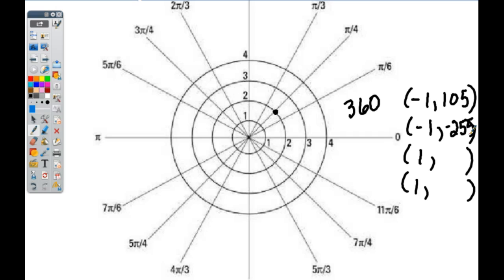So that would be 285. So this one would be 1 and 285, and then a negative 360 minus 285. Which is what? Is that right? Okay.